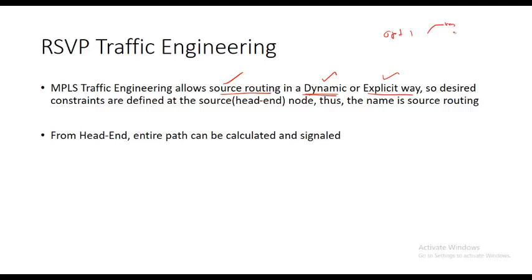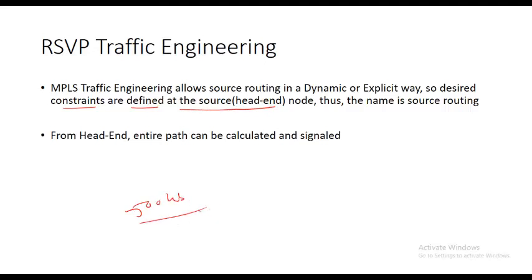So MPLS traffic engineering allows source routing in a dynamic or explicit way. So desired constraints are defined at the source. What is the constraint? 500 kbps is the constraint. What is the desired constraint? What do you expect the traffic engineering to guarantee? I'm expecting 500 kbps to be guaranteed. Now, where do you mention this thing? Not on every router in the path. No need to do it on every router in the path.